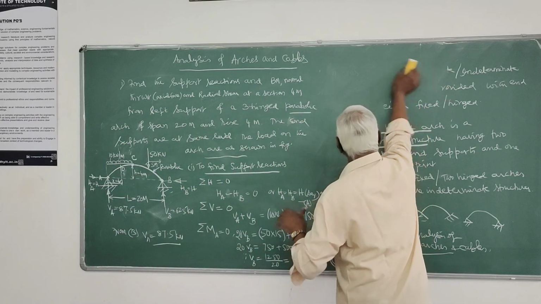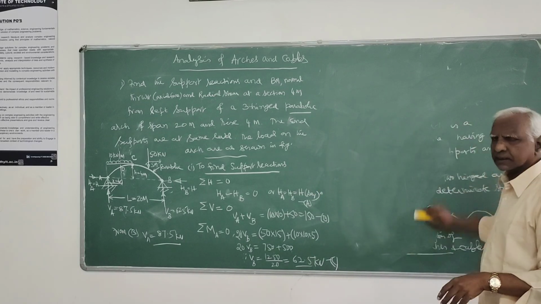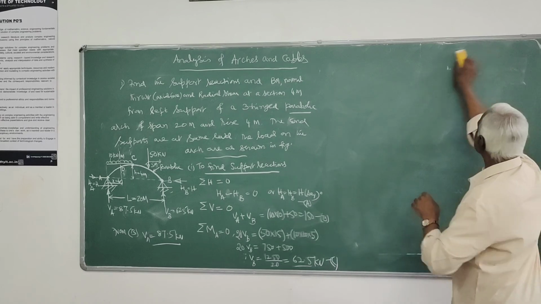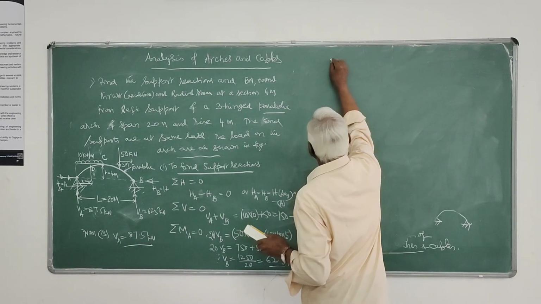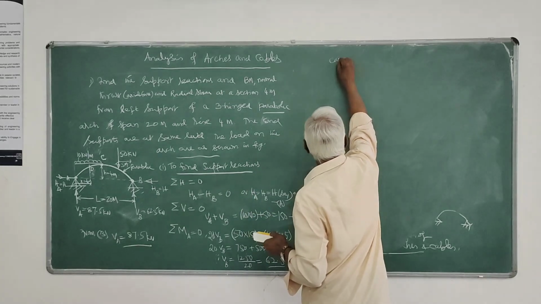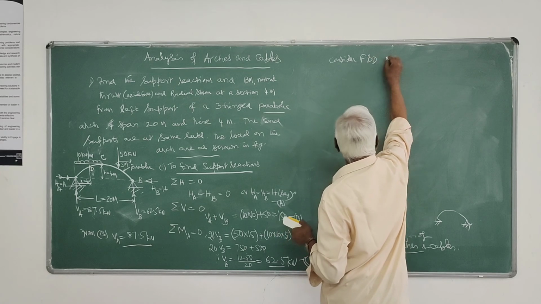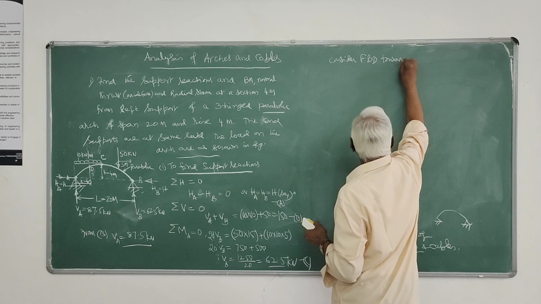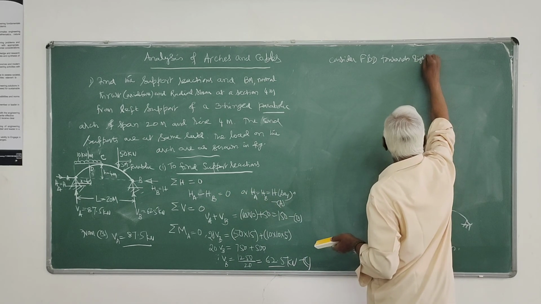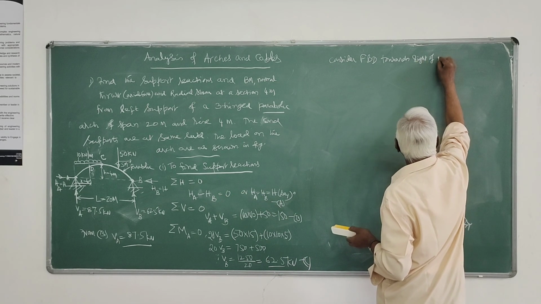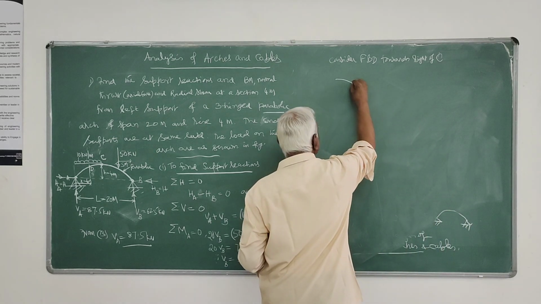Once you determine the support reactions, at any section you can evaluate the internal forces. So next, to find H, consider the free body diagram towards either left or right. I will take towards right of C, that is the apex hinge.